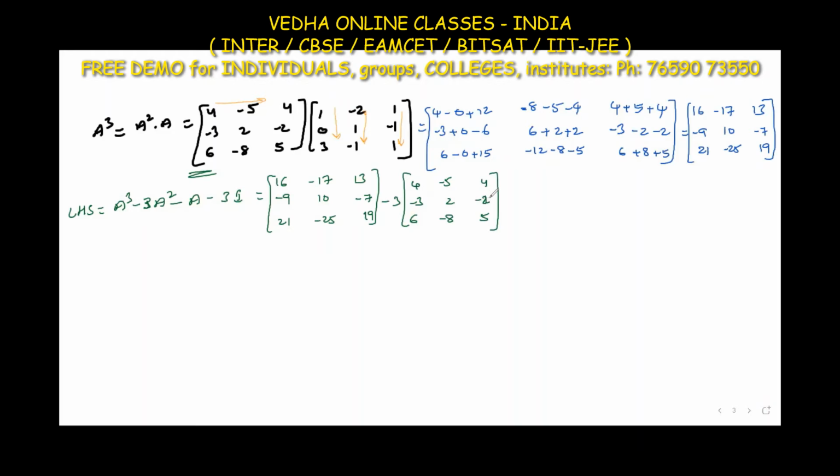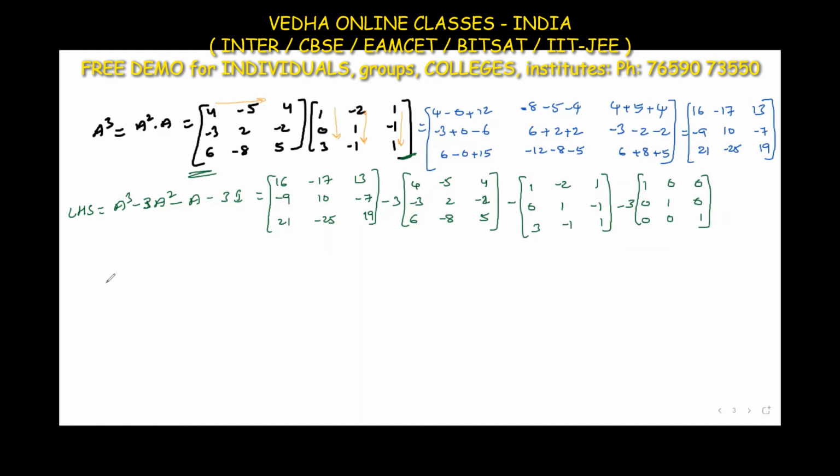Next, minus 3A square minus A. A is nothing but this matrix: 1 minus 2 1, 0 1 minus 1, 3 minus 1 1, and minus 3I. I is the identity matrix: 1 0 0, 0 1 0, 0 0 1. Principal diagonal elements are 1, remaining 0.